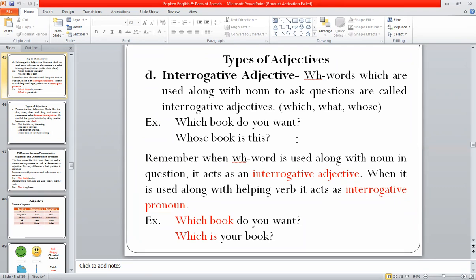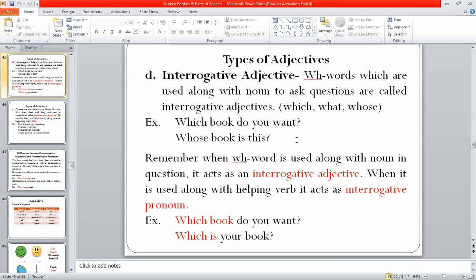So its definition is WH words which are used along with a noun. But yes, there is a condition. When the WH words come with a noun, okay, if there is no noun after that word, then that won't be an interrogative adjective. If a noun is coming along with that, then it is called an interrogative adjective.